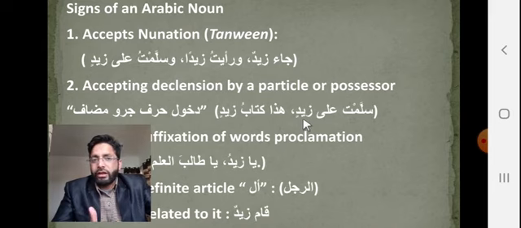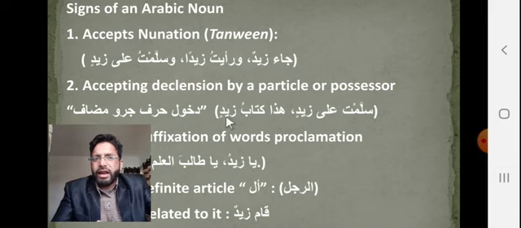So this is also a sign of a kalima being a noun, ism, because ism accepts declension. In Urdu we say is pe amil ne amal kiya. Then we have hada kitabu Zaidin. Kitabu Zaidin is the possessive phrase. Kitab is mudaf, Zaidin is mudaf ilay.